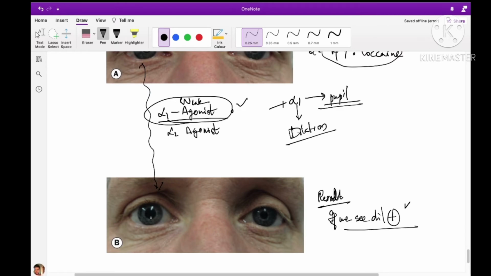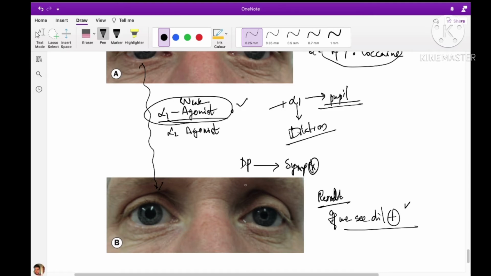So why is this dilation occurring in Horner syndrome? Because in Horner syndrome, the dilator pupillae is denervated, right? There is a sympathetic problem, the sympathetic supply is cut off. So the muscle is craving for some noradrenaline. The noradrenaline is not released at the nerve ending now, because the sympathetic pathway is cut off at some level.